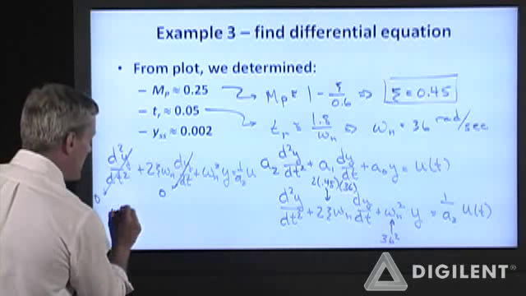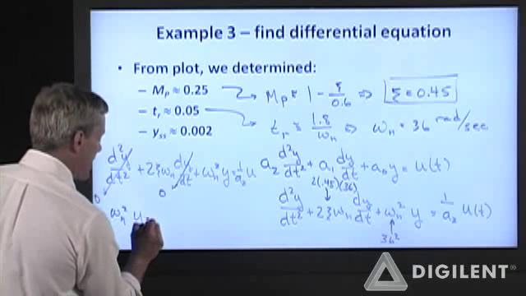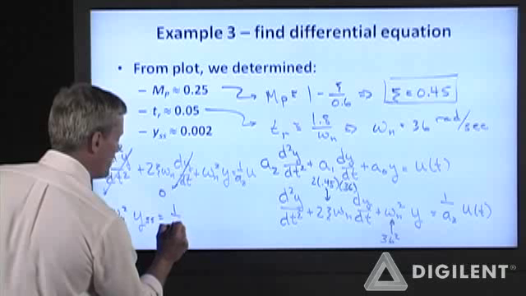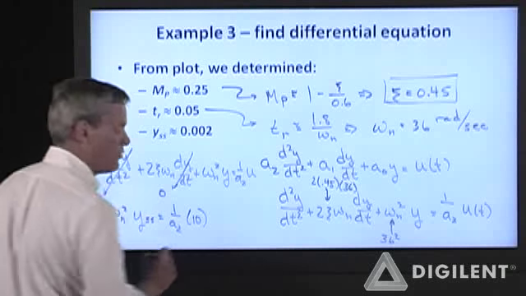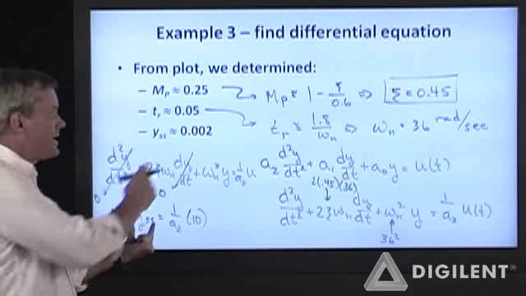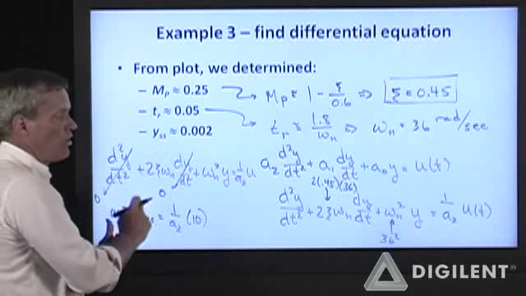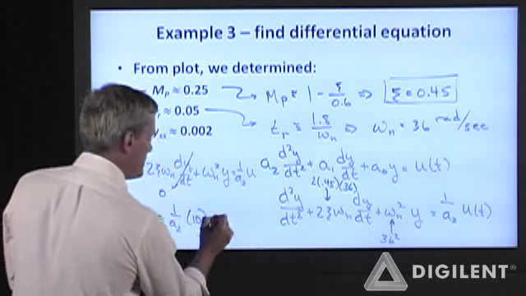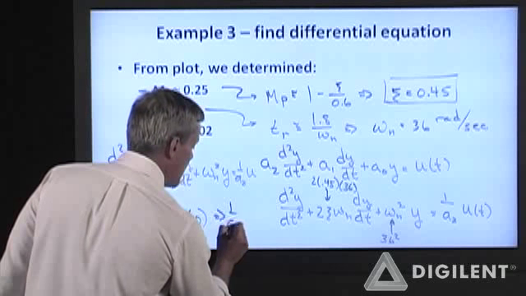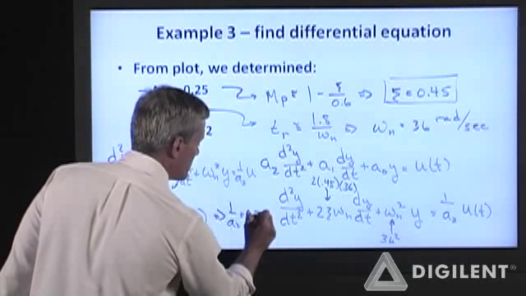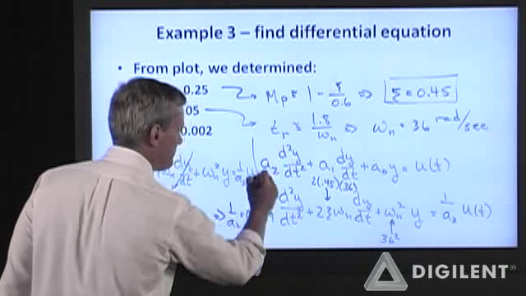Therefore, omega n squared YSS is equal to 1 over A2 times the final value of U, which is 10 volts. YSS is 0.002, omega n squared is 36 squared. I can solve this to get 1 over A2 is 0.259.